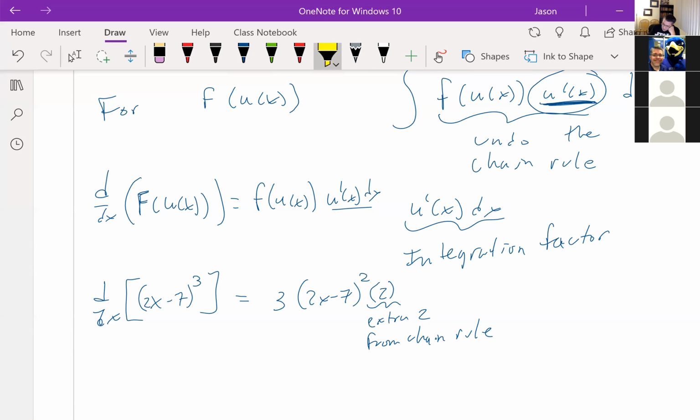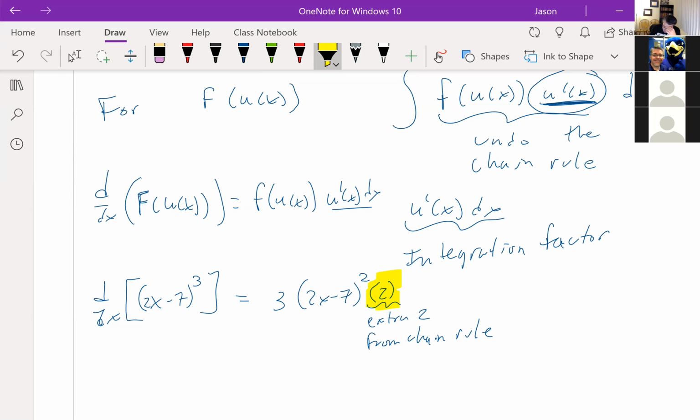Okay, maybe I'll highlight that. This is my extra 2 from the chain rule. I can't integrate this thing without that extra 2. If I were to integrate this and leave off that extra 2, they're not going to be equal to each other.